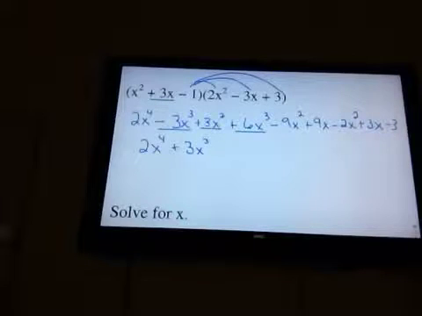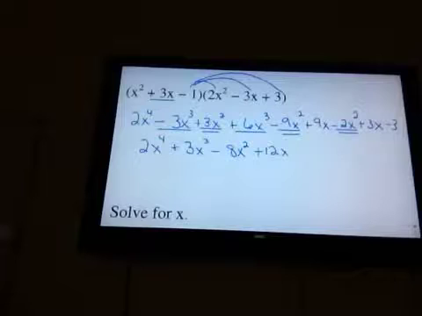And then we have x squared, x squared, x squared. So positive 3 minus 9, that's minus 6, and minus 2 is minus 8. And then we have 9x plus 3x is 12x. And then my constant at the end, minus 3.